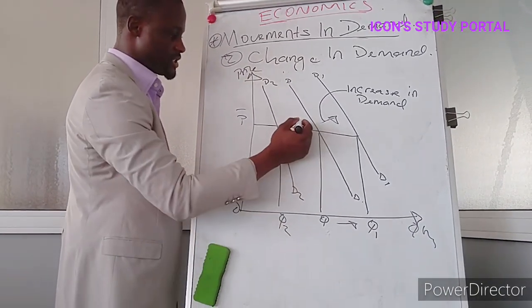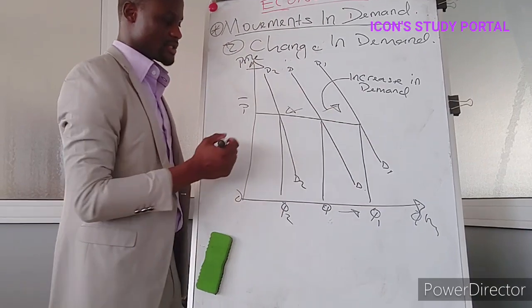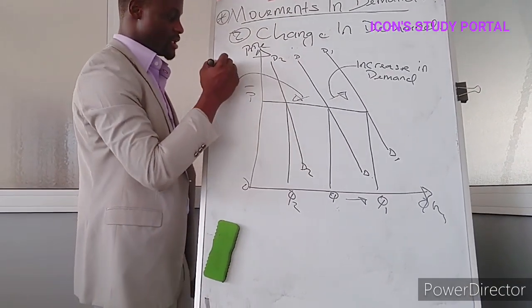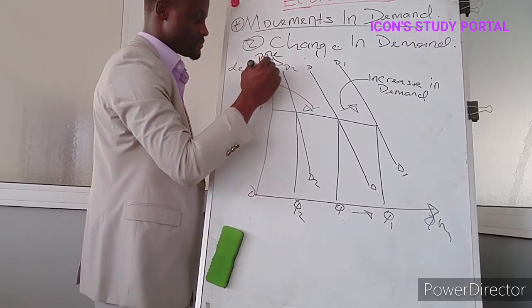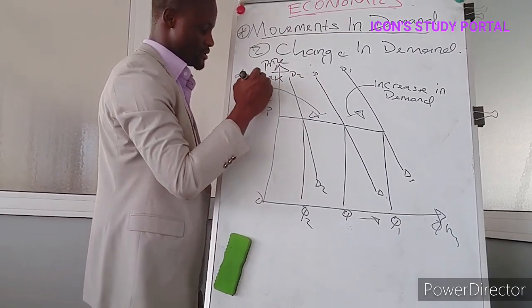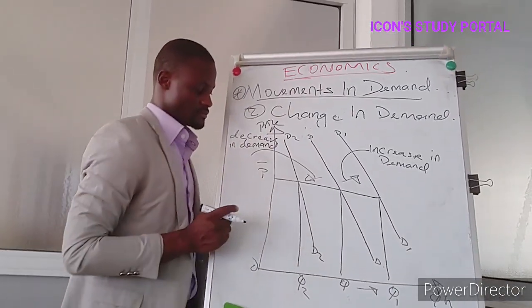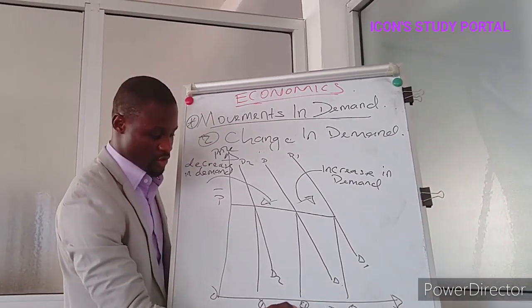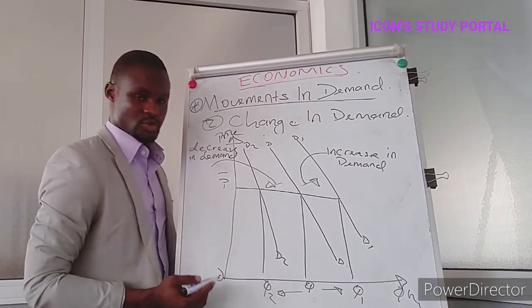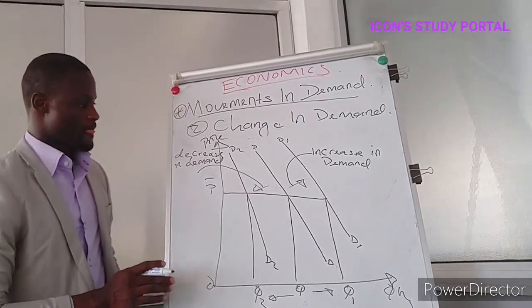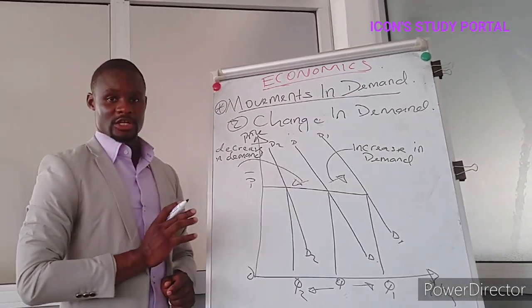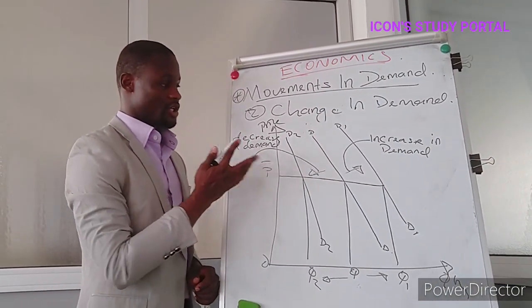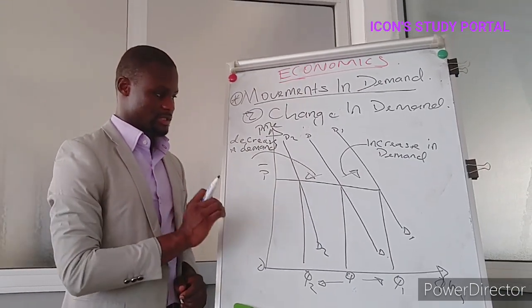While a complete shift of the demand curve to the left will indicate a decrease in demand, which will lead to a fall in quantity demanded from Q to Q2. Right? So that is an illustration for a change in demand.